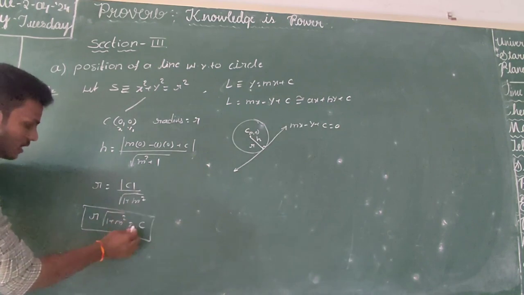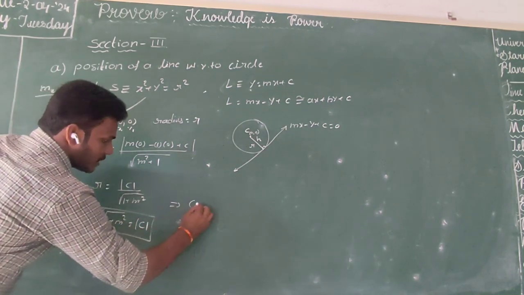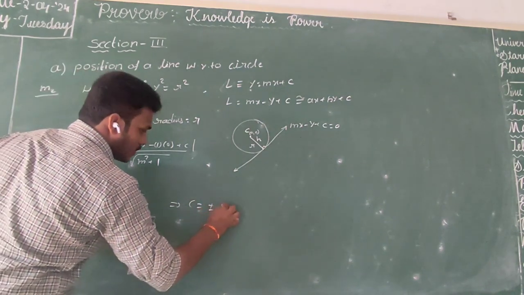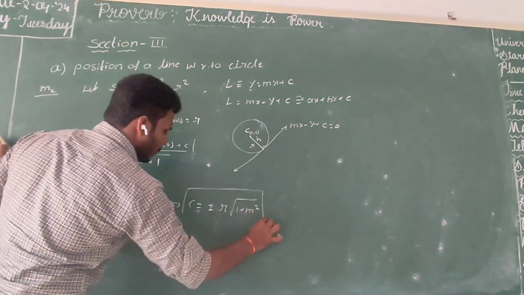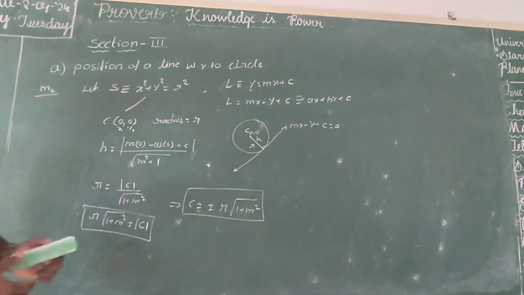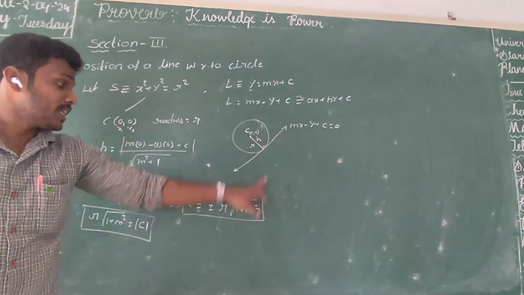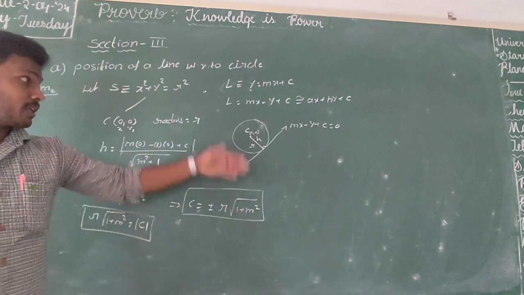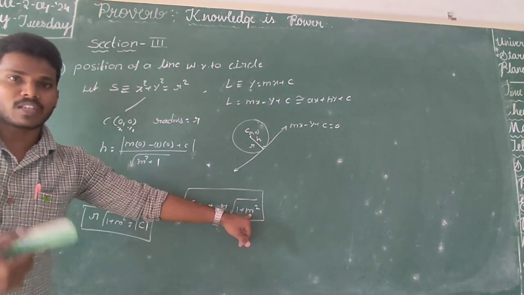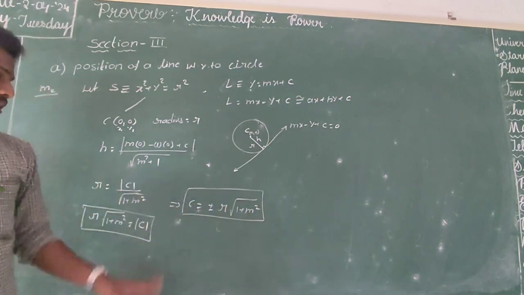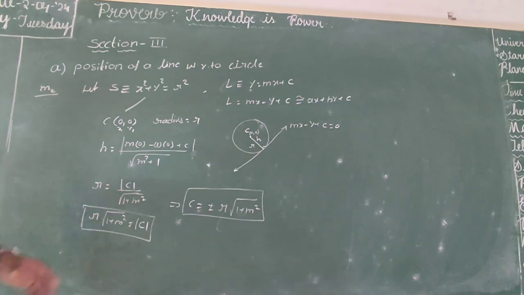So c is equal to plus or minus r into root over 1 plus m square. This is the value of c. To find the value of c, use the radius of the circle and the slope, where m is the slope of the line, which you can find from the given line equation, and r is the radius of the circle. Then you can find the c value. So this is the manner.